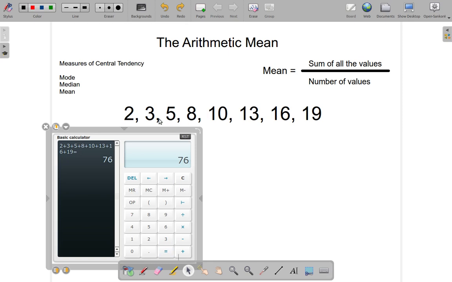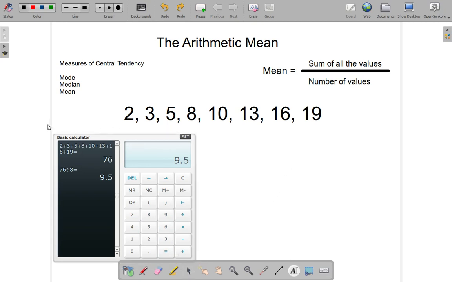Now, how many values were there? 1, 2, 3, 4, 5, 6, 7, 8 of them. So I'm going to divide 76 by 8. So 76 divided by 8 equals 9.5. So the mean is 9.5. Alright?